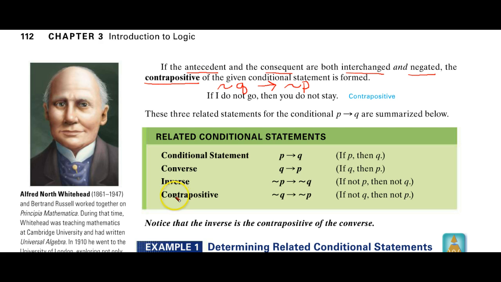You have what is called the contrapositive. And here is a little summary that you should have in your notes. And they say, notice that the inverse is the contrapositive of the converse.